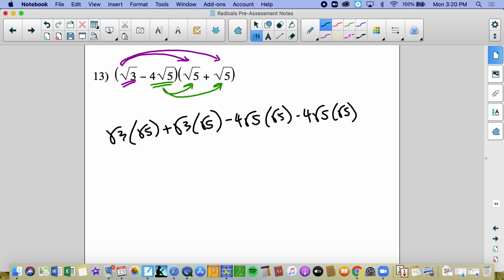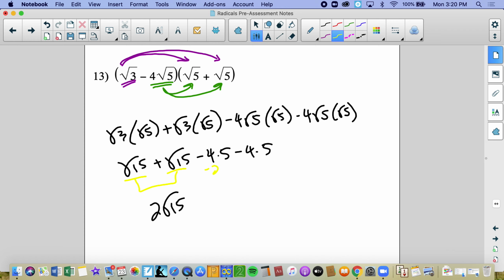Rad 3 times rad 5 is rad 15 plus rad 15 minus 4 times 5 minus 4 times 5. So we've got some like terms. Rad 15 plus rad 15 makes 2 rad 15.